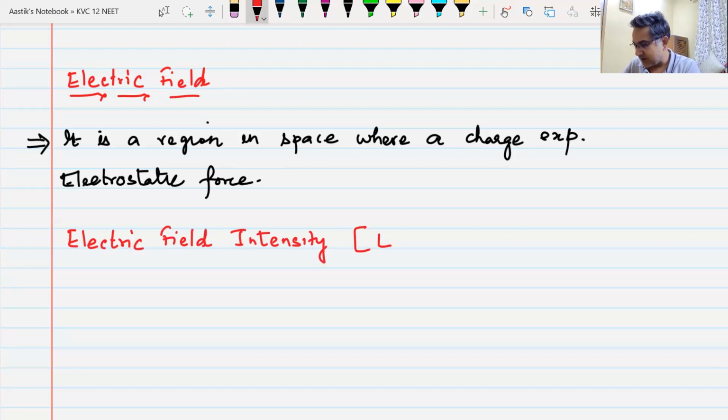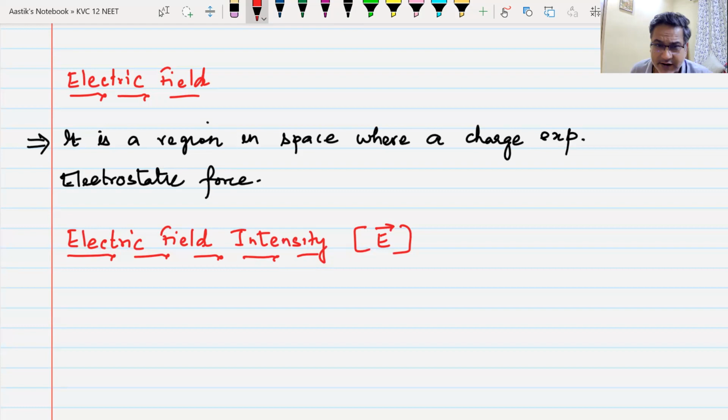You can define this by letter E. Electric field or electric field intensity or the magnitude of electric field is denoted by letter E, E vector. What do you mean by electric field intensity? It tells us how strong the electric field is.